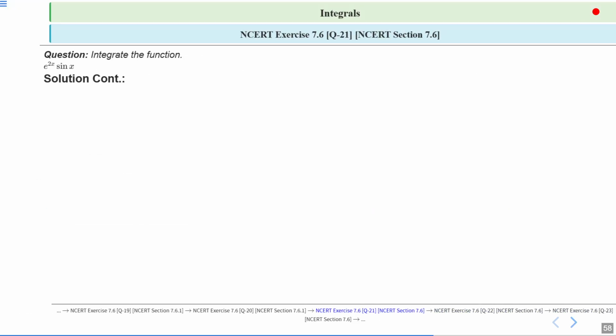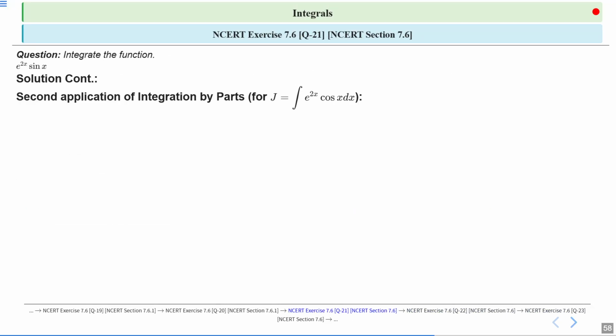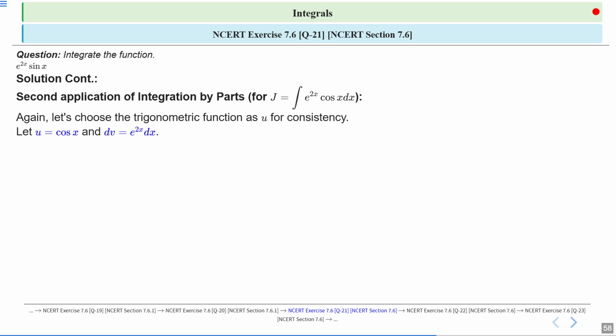So when we apply the integration by parts formula on J, we have to choose the trigonometric function as u and the exponential function as dv. When we differentiate u, the differentiation of cos x is minus sin x. So du is equal to minus sin x dx. And when we integrate dv to get v, integration of e^2x dx gives v is equal to e^2x by 2.